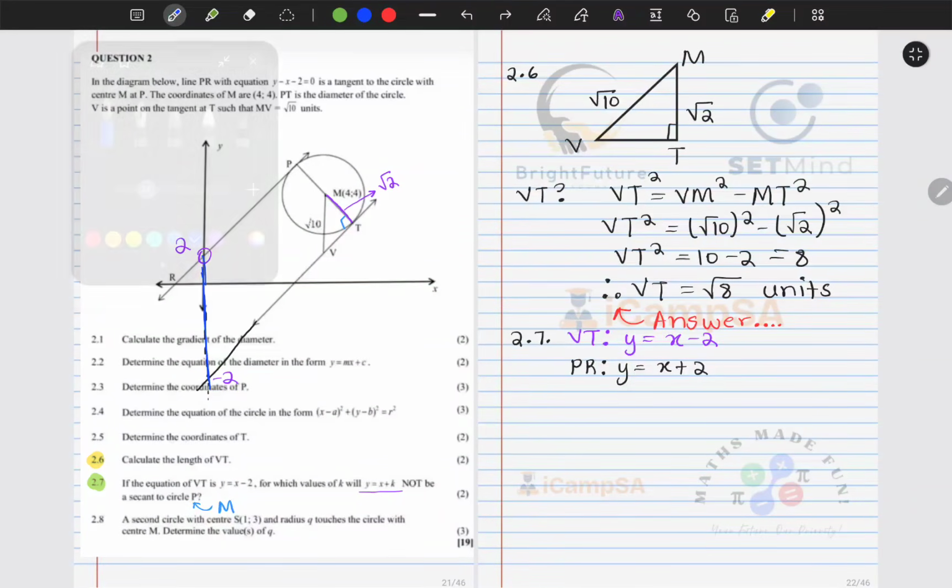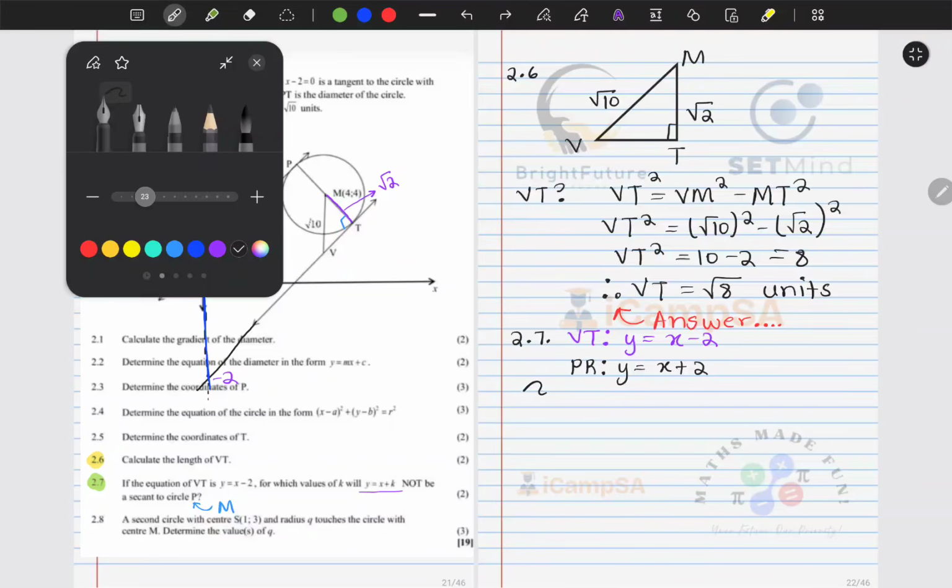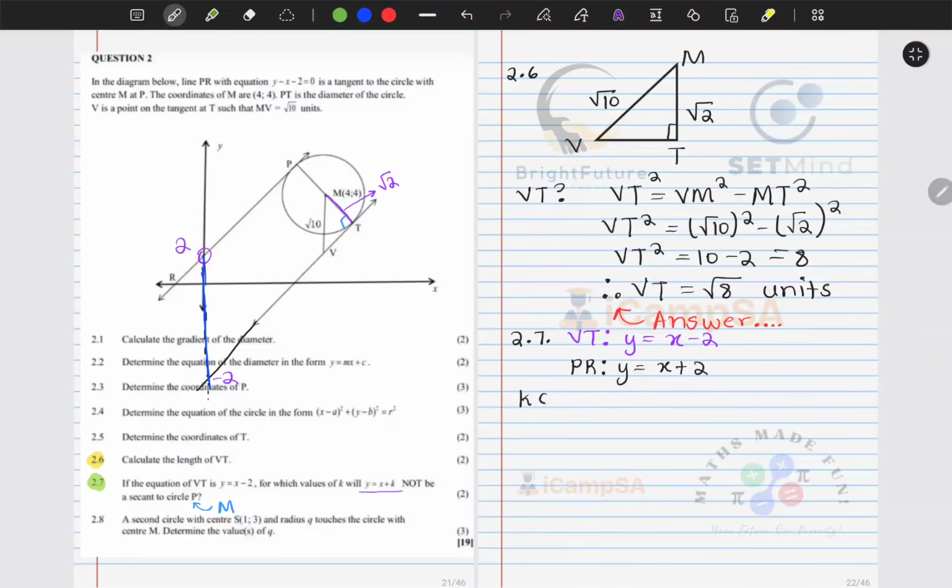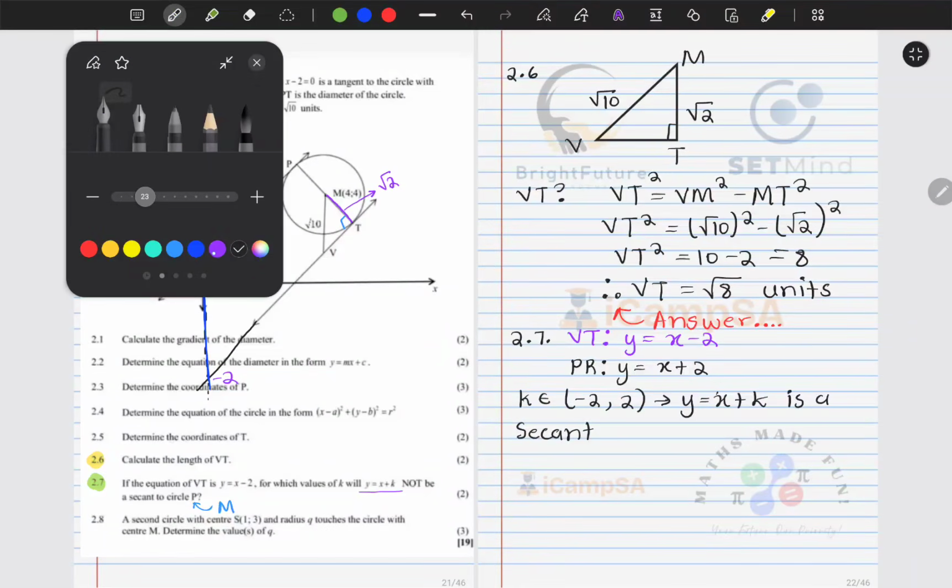So for k an element of minus 2 to 2, y equals x plus k is a secant. As long as the k value is between minus 2 and 2, this will be a secant.